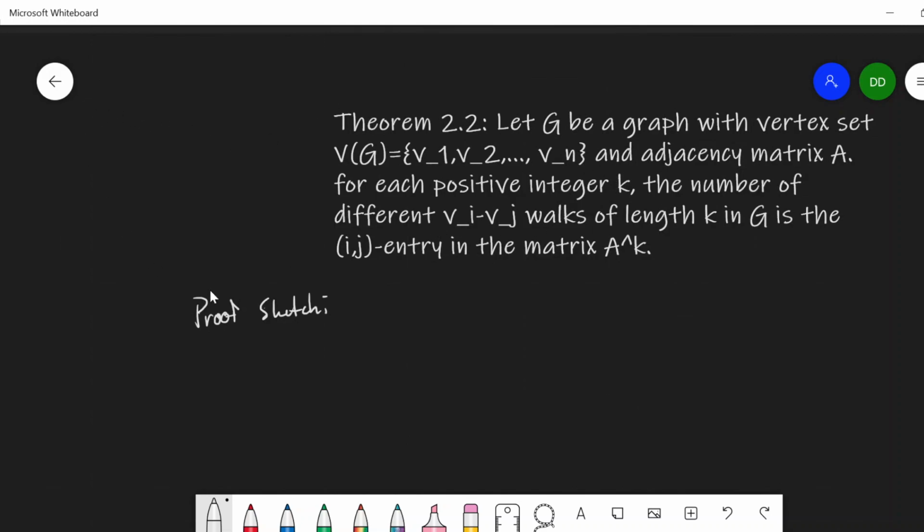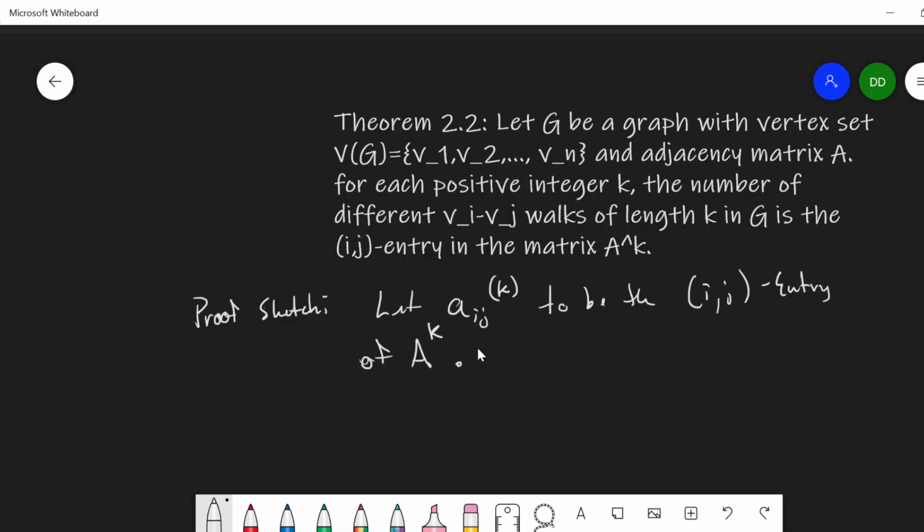I'll let A_ij with a little superscript k in parentheses be the ij entry of the kth power of the matrix A, for any positive integer k.